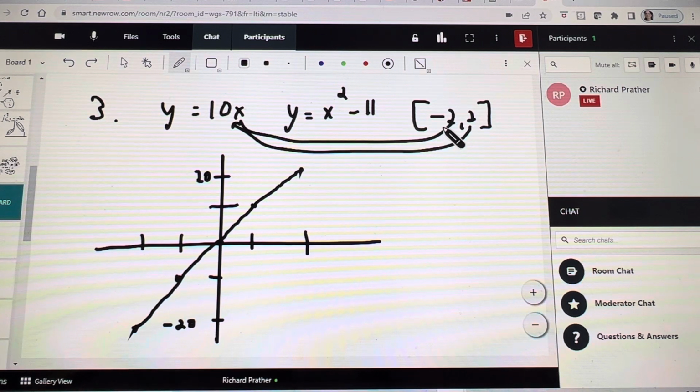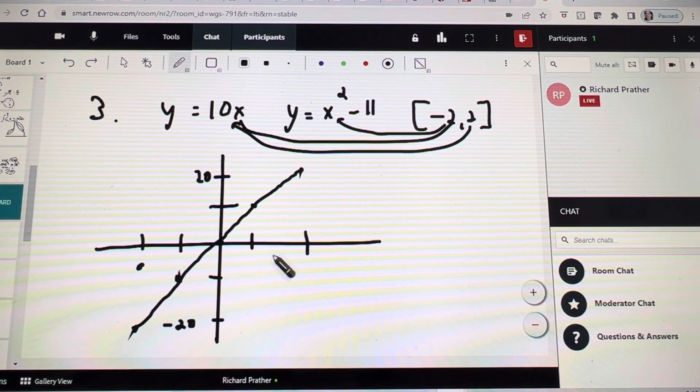Okay, so if I plug in -2 here, it would be +4 minus 11. That would be -7, which is about right here. If I plugged in -1, it would be 1 minus 11, -10, which is the same as this right here.